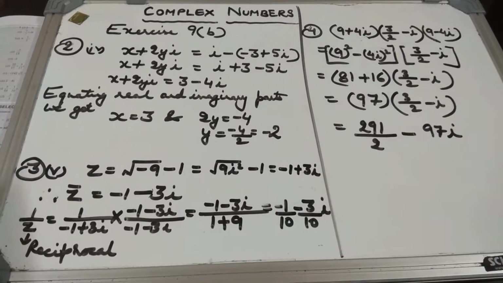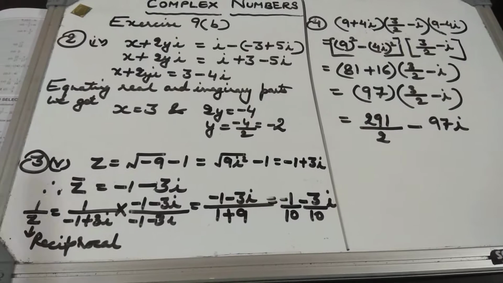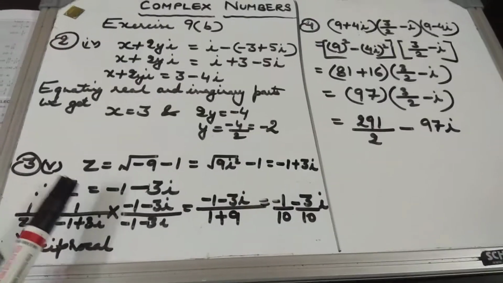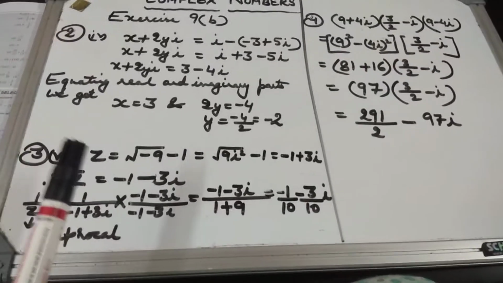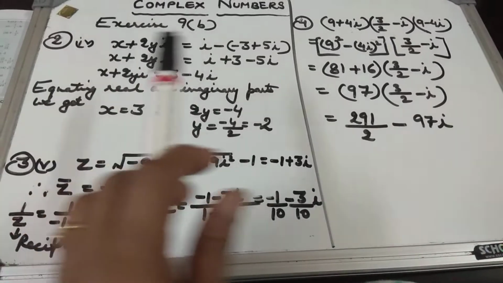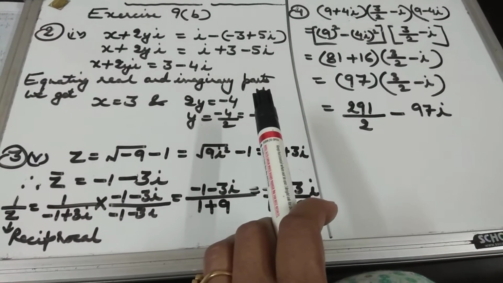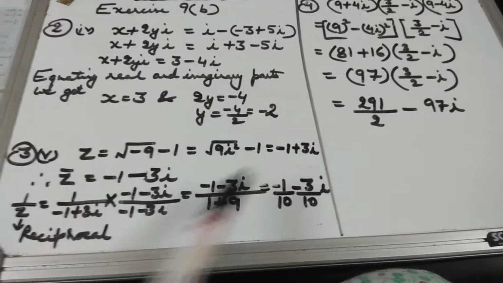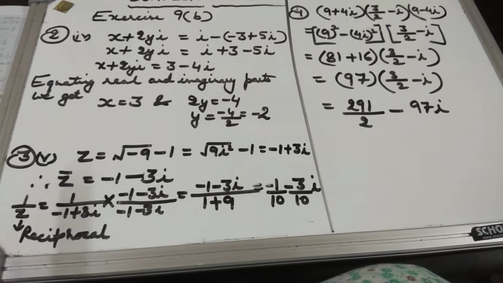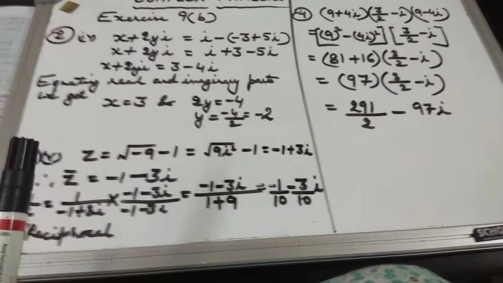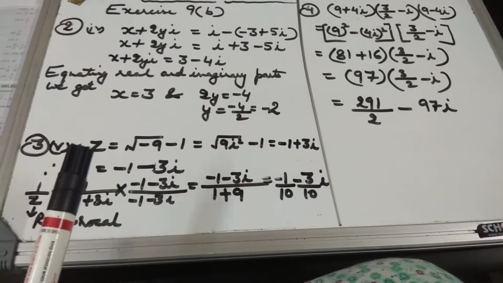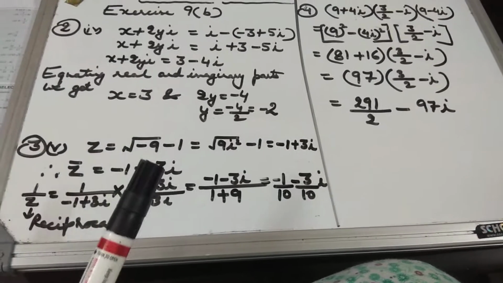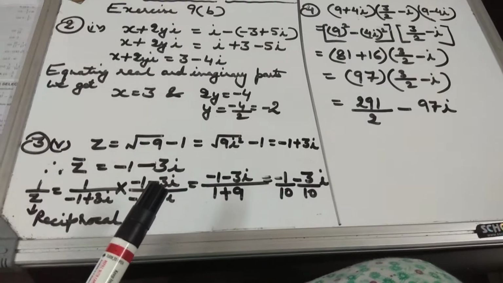You have to equate real part separately, imaginary part separately, because it's a complex number, and if any complex number is equal to another complex number on the right hand side, then obviously the real parts of the complex numbers should be equal and the imaginary parts on both the sides should also be equal.